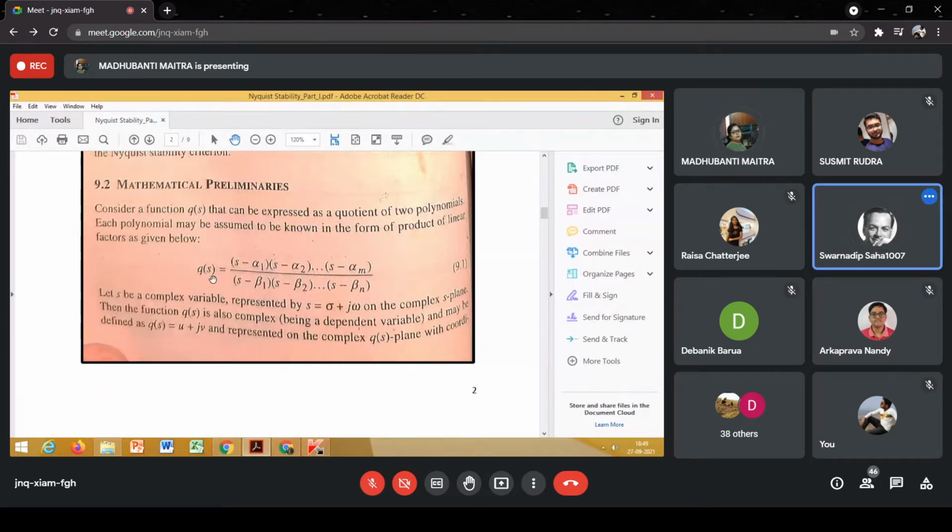So that means if we take a point on the s plane at which Q(s) is analytic, then we'll get a value for Q(s).